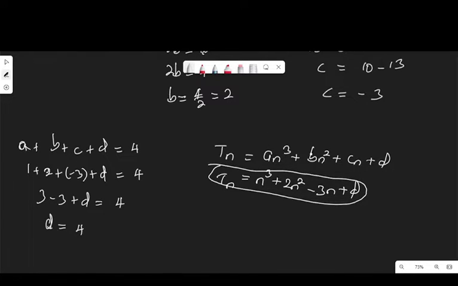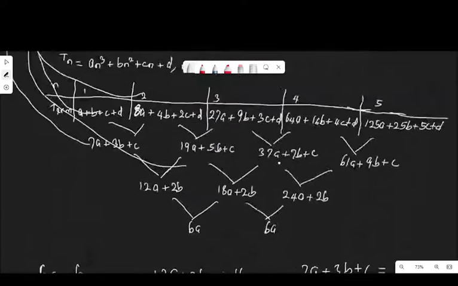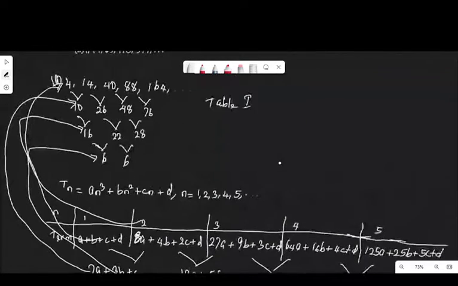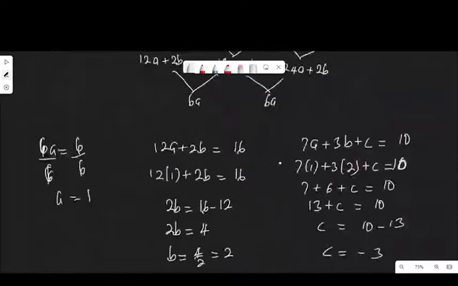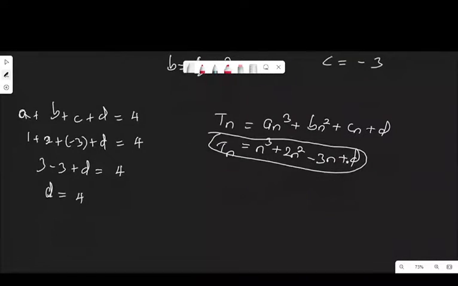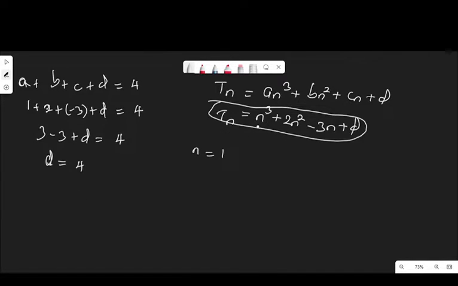Let's put in n equal to 1 to see whether we'll get the first term of the sequence. The first term of the sequence is 4. So let's put n equal to 1 into this formula. If n is equal to 1, 1 to the power of 3 is 1, plus 2 times 1 to the power of 2 is still 2, minus 3 times 1, plus D. What is D?